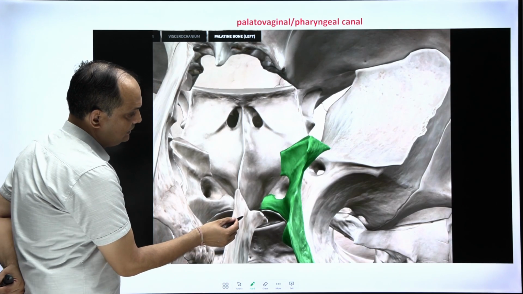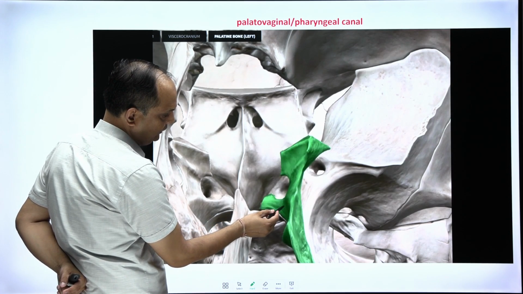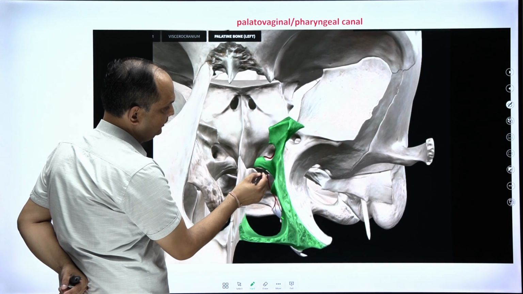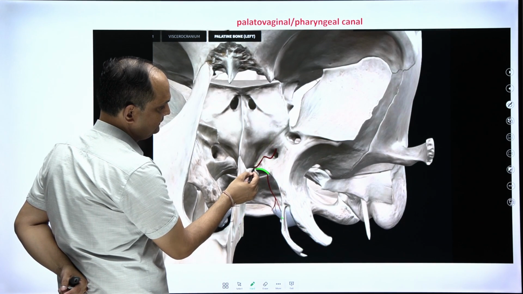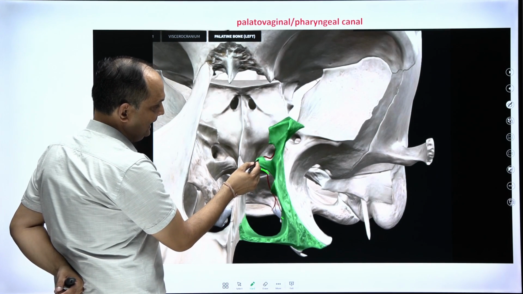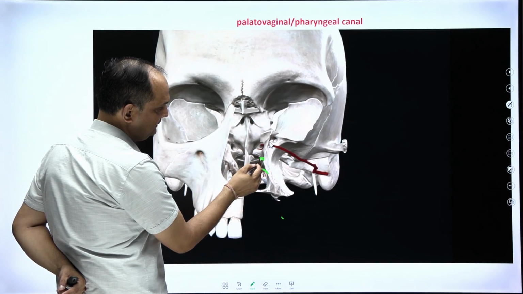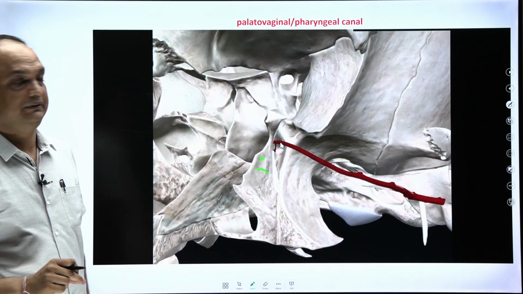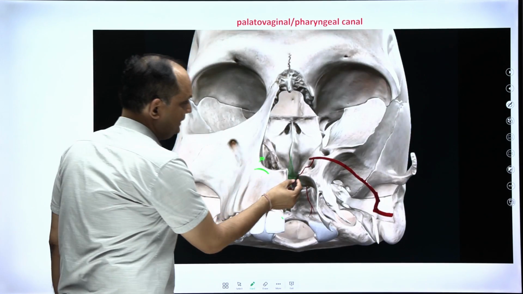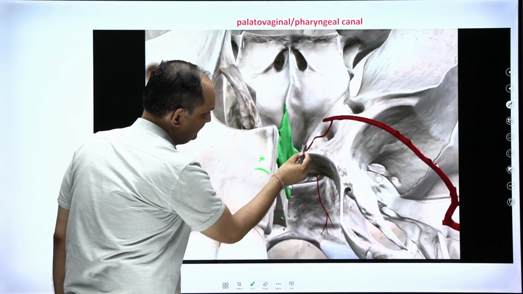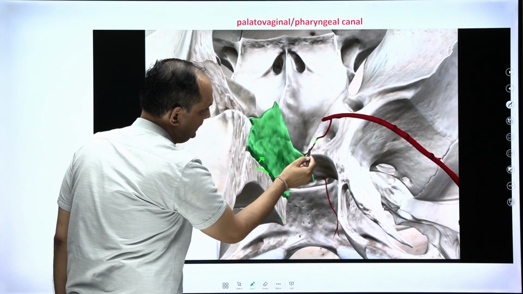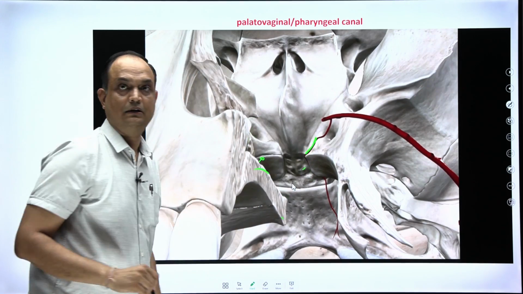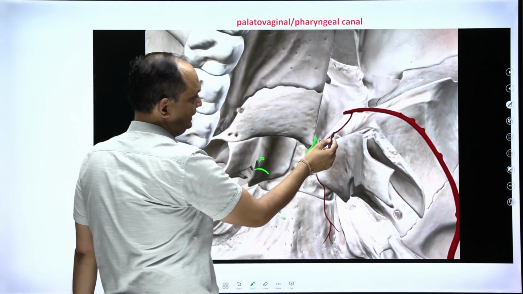Try to look carefully. This is the sphenoidal process, and this is the vaginal process. Between them you will see a small area where the artery was present. Clear? This area where the artery is present is known as the area of the palatovaginal canal.